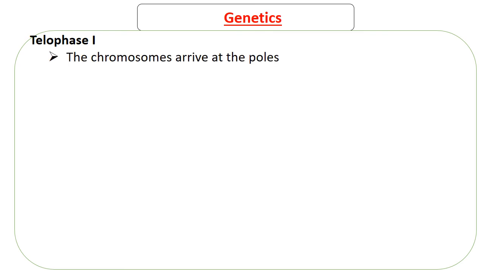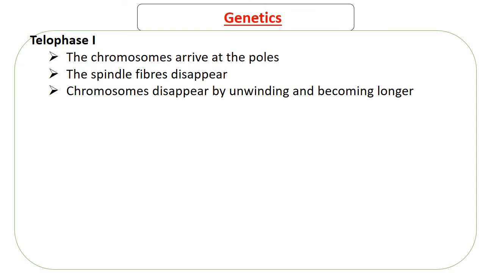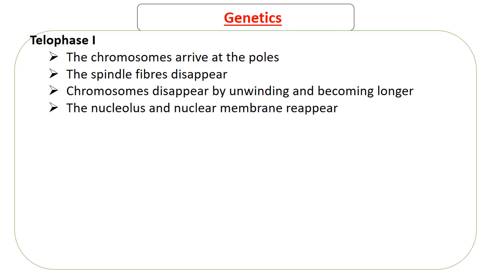The rest is just like in mitosis. Fine, I'll go to telophase 1, where the chromosomes arrive at the poles, the spindle fibers disappear, chromosomes disappear by unwinding and becoming longer. The nucleus and nuclear membrane reappear. So I'm just talking about the point where the cell now finally divides to form new cells.